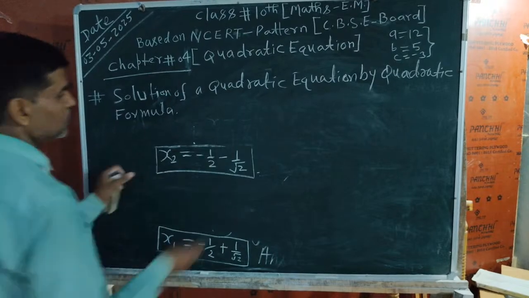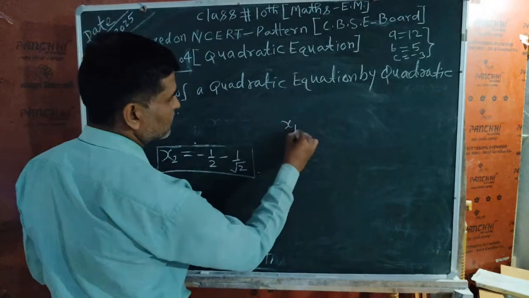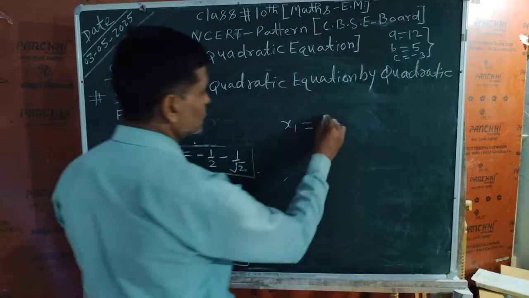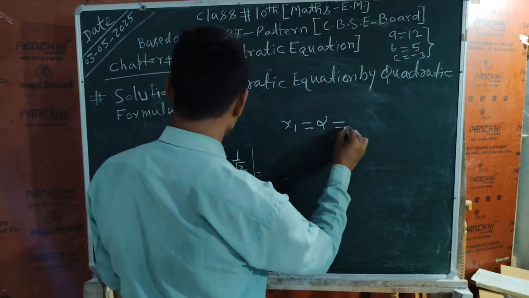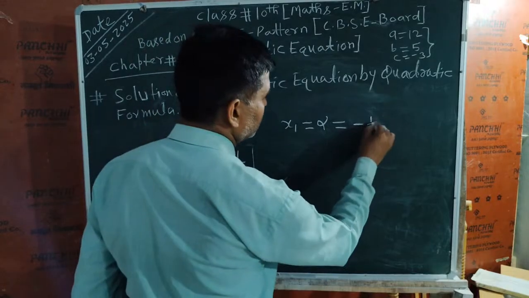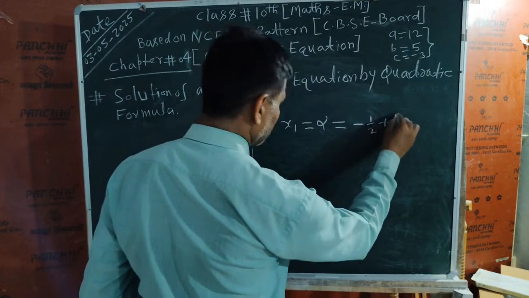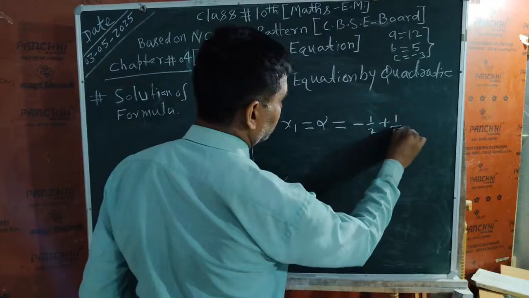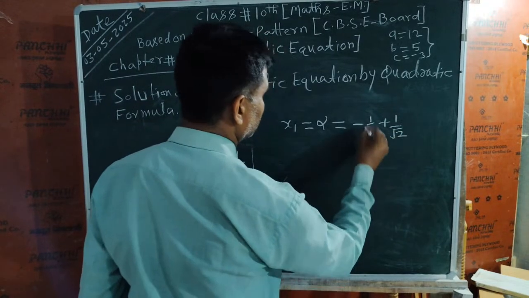So x1, which is denoted as alpha, and the value of alpha is written here: minus 1 by 2 plus 1 divided by root 2. Okay, student.